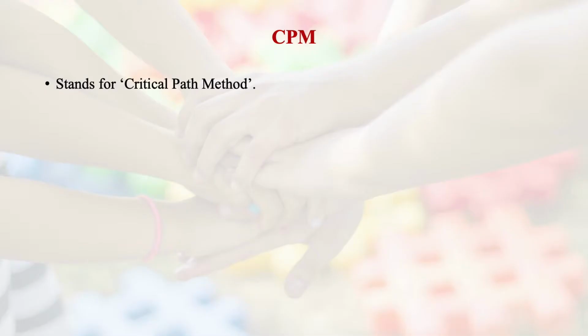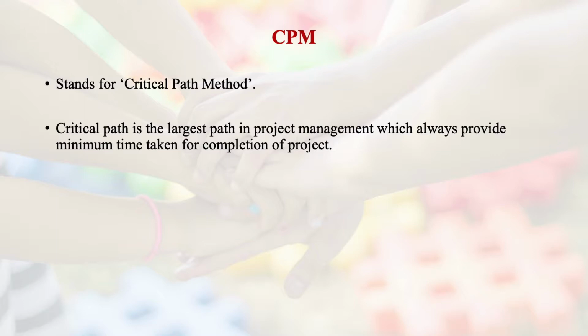There is another method which is called critical path method, CPM, right? This critical path method is the longest path in the project management, which always provides the minimum time taken for completion of the project. So this critical path may be determined in the network, whatever network you have designed.